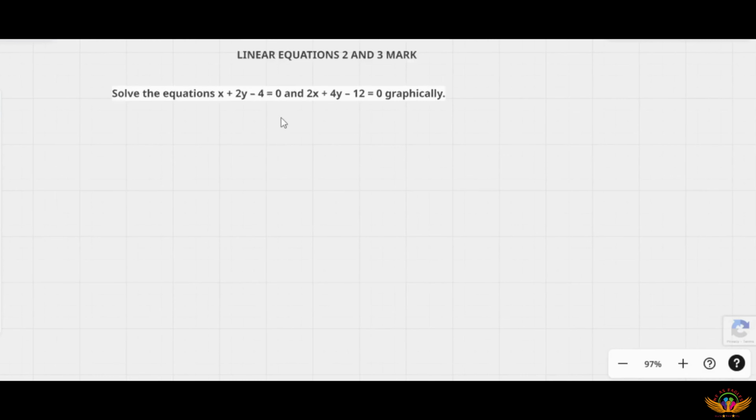Before going graphically, the first thing we have to do is write the solution tables, as we did in the first question. First we represent the equations, and then from each equation we derive the solution table separately. The first equation is x plus 2y minus 4 equal to 0.